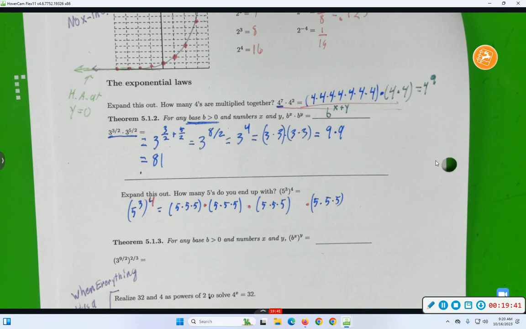How many 5s are there written down? 12. And in particular, 4 groups of 3 5s. That means 3 times 4.